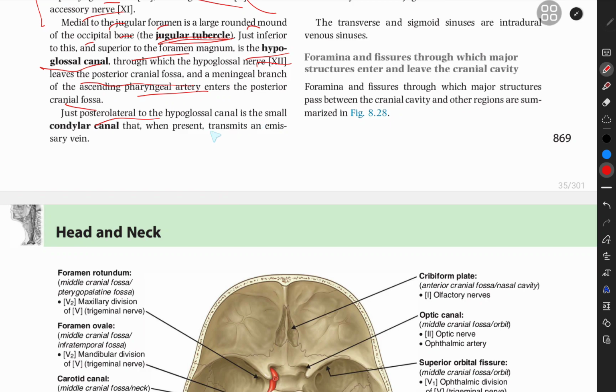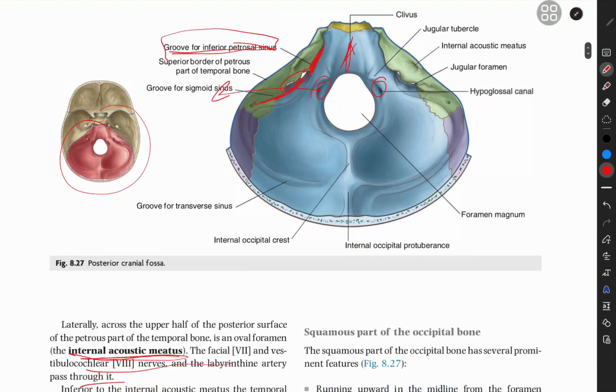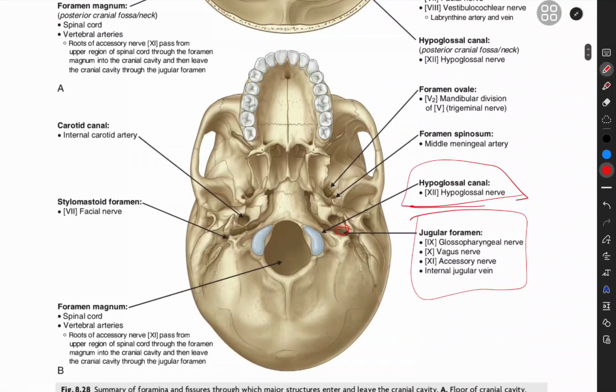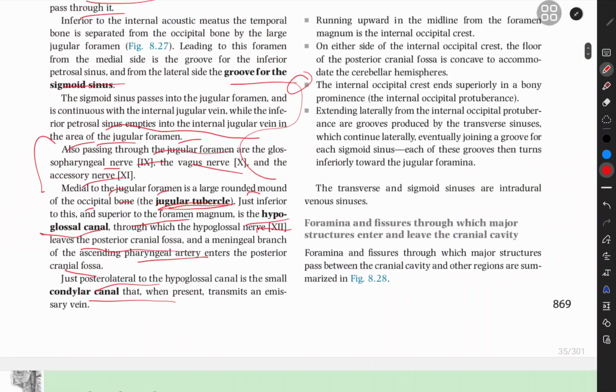Just posterolateral to the hypoglossal canal is a small condylar canal that, when present, transmits an emissary vein. It should be here, right beside the condyles, but I don't know.